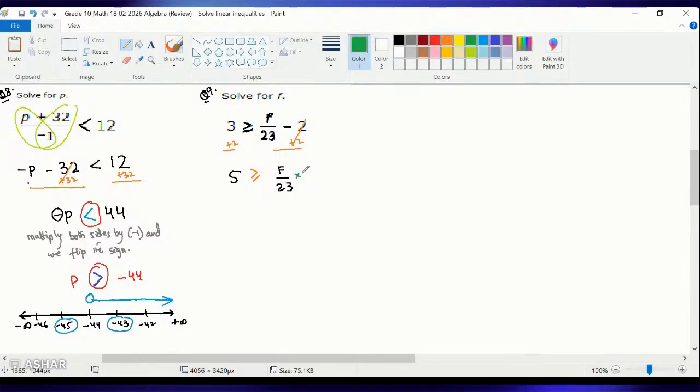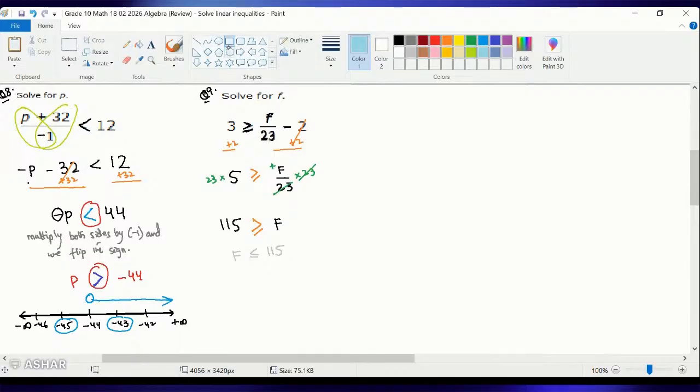We can multiply each side by 23 to remove the denominator, and this is positive, so no need to change the sign. 23 multiplied by 5 would be 115. So we can say 115 is greater than or equal to f, or we can also say f is less than or equal to 115.